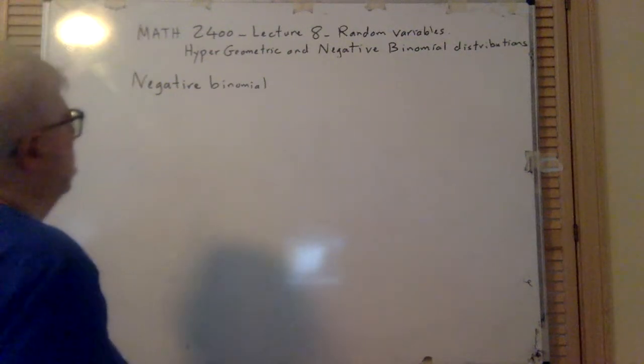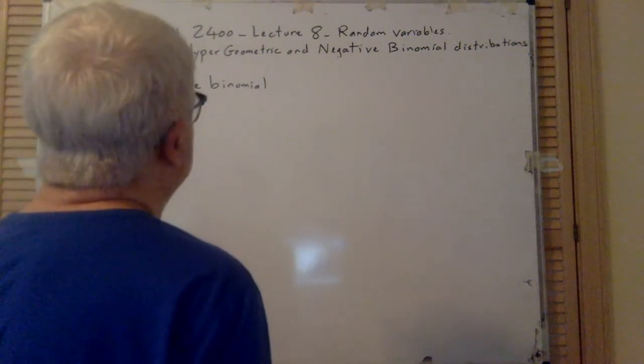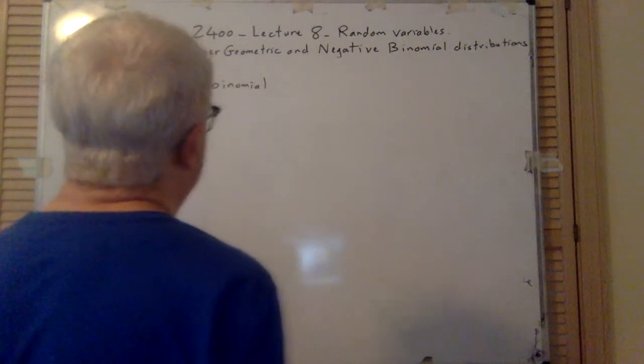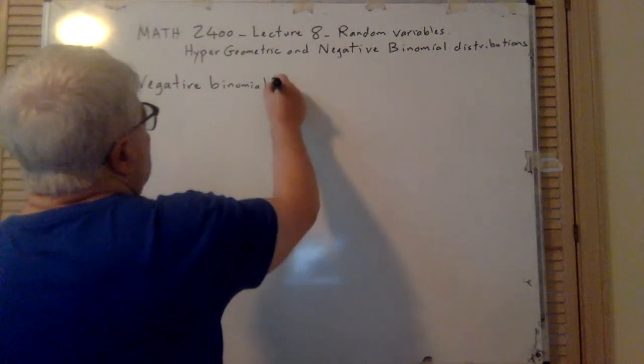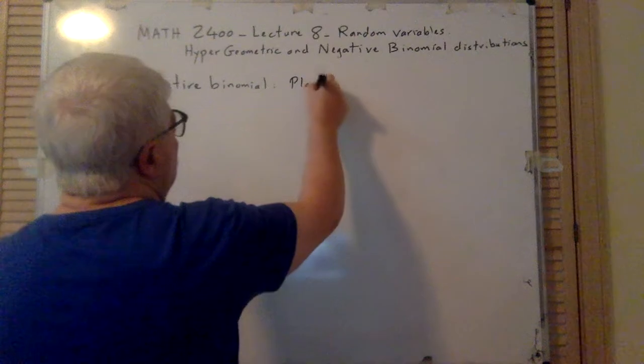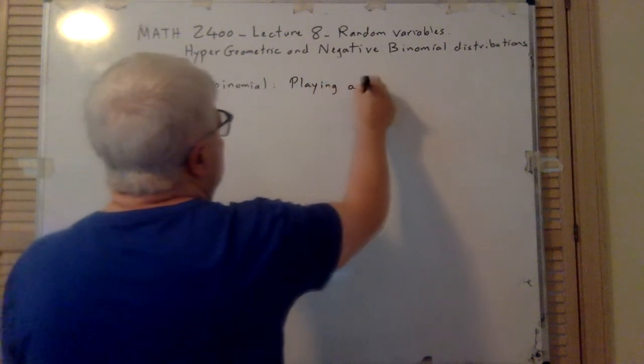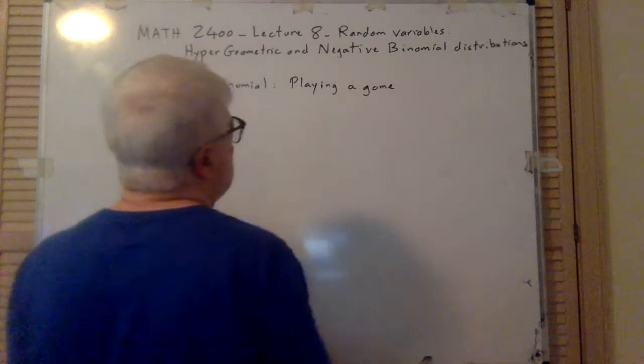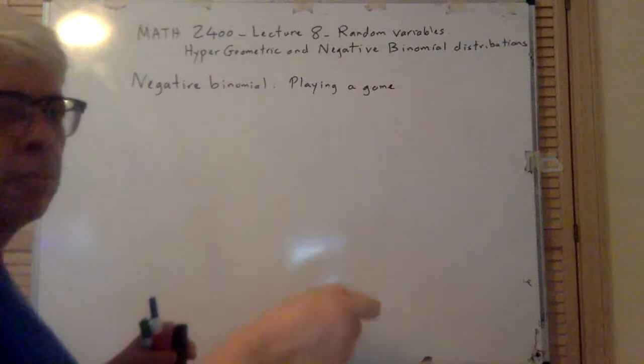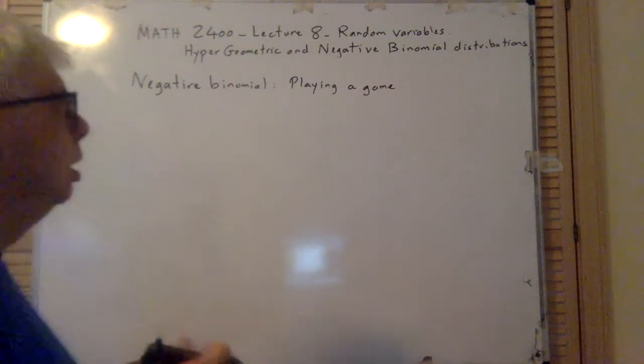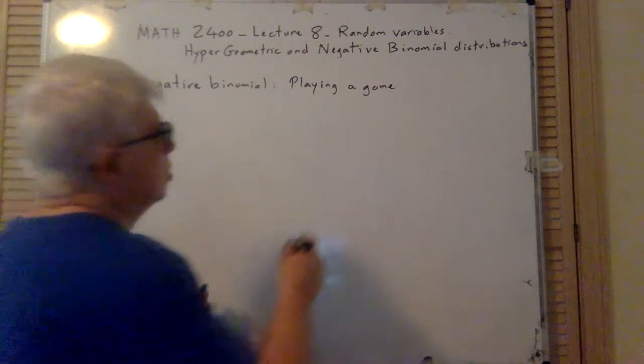So negative binomial is like this. Suppose you are playing a game, like tossing a coin. And this game has two outcomes.